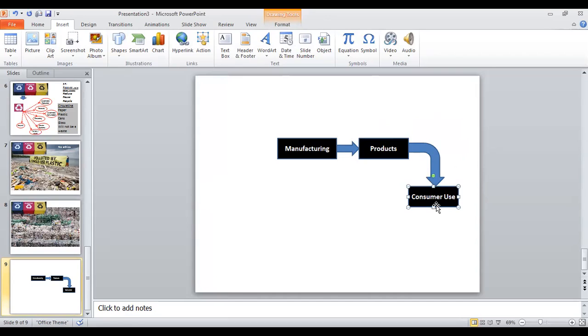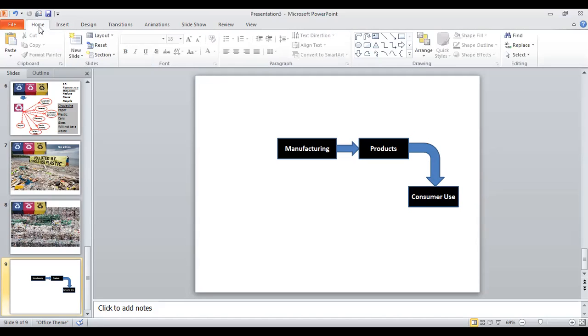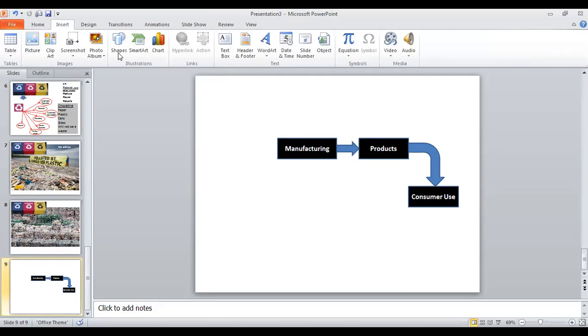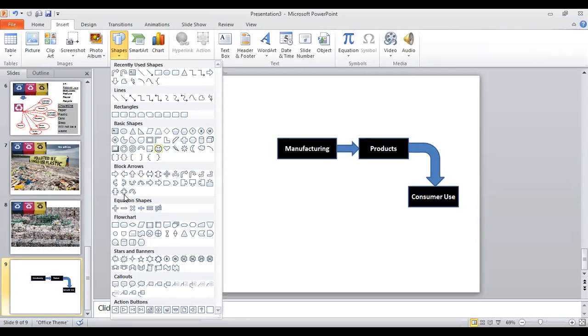So this product, okay, this is related to the product. So after using it, they may go for what?